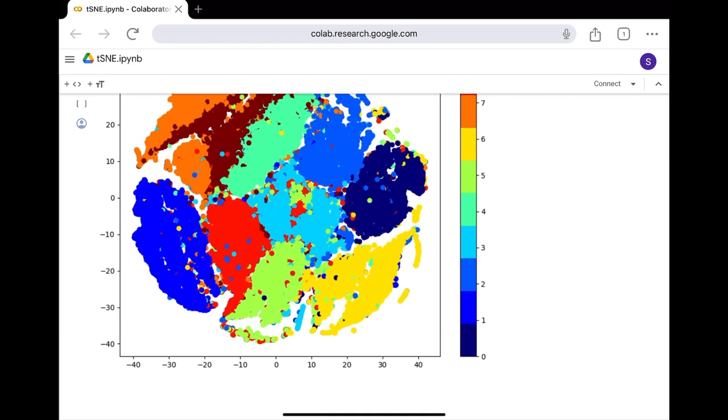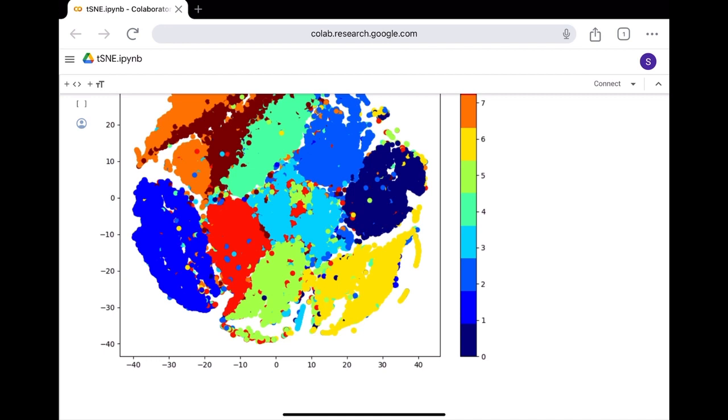Finally, t-SNE can be very valuable for complex data structures, but t-SNE is very expensive. So before doing that, we have to keep in mind that we have to pre-process the data and choose the appropriate parameters like the perplexity, the number of iterations, learning rate, and all, and then interpret our results.